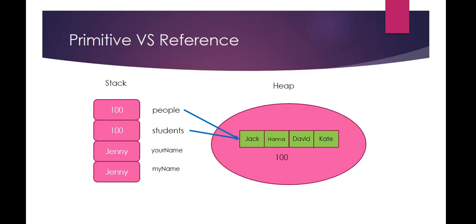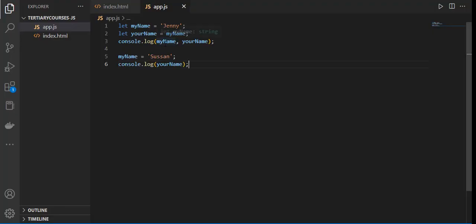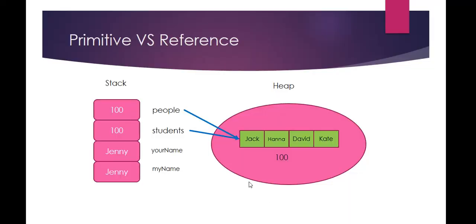At line 1, when I say myName and I set Jenny to it, here we create this variable, and inside the stack the value of Jenny is stored.